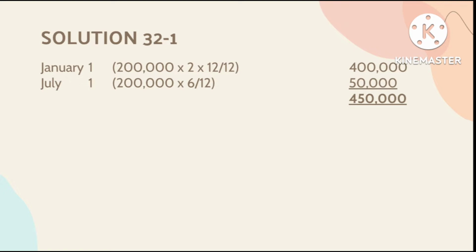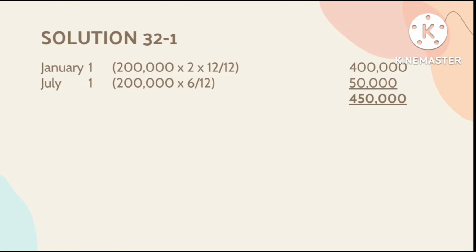We apply the 2-for-1 share split on the date where the shares were originally issued. When was that? That happened on January 1. So, on January 1 we have shares outstanding of 200,000, and we multiply that by 2, from the 2-for-1 share split, and then multiply by 12 over 12, the number of months from January to December, and we will arrive at the amount of 400,000.